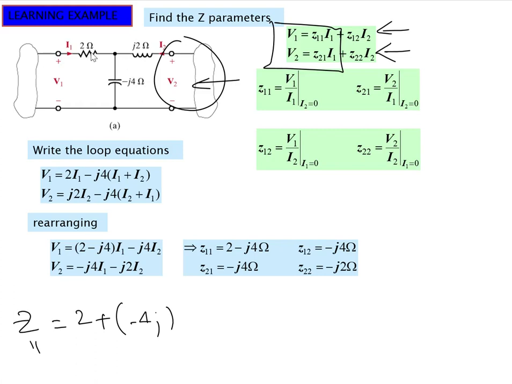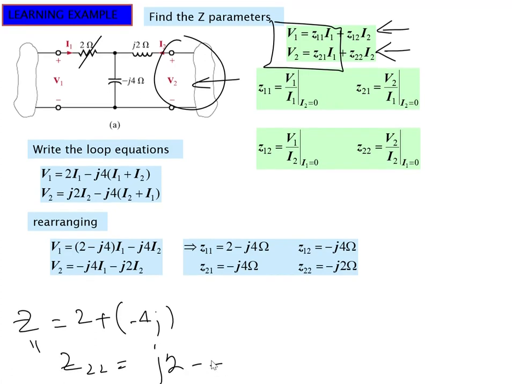Now this impedance is not calculated. So the total impedance is now Z22, which is J2 minus 4J. Only this and this. Previously it was this and this, now it is this and this. So this turns out to be minus 2J ohm. This is how we calculate Z11 and Z22.